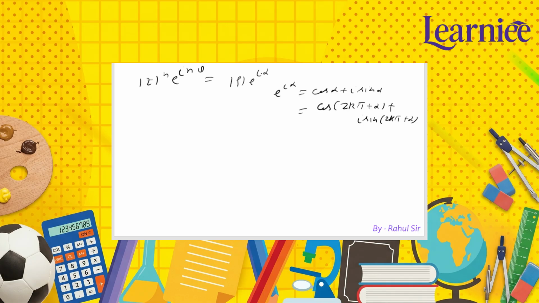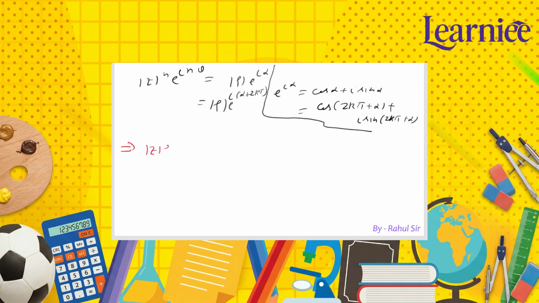So that means we can write this as rho e to the power i, alpha plus 2k pi. Obviously k is an integer.